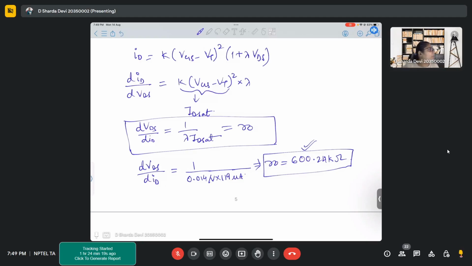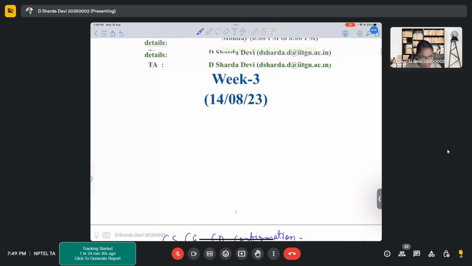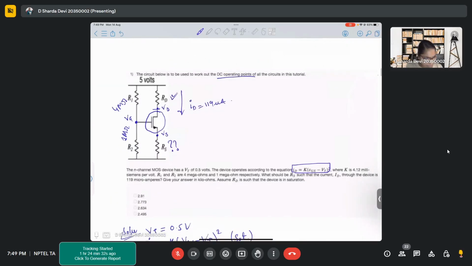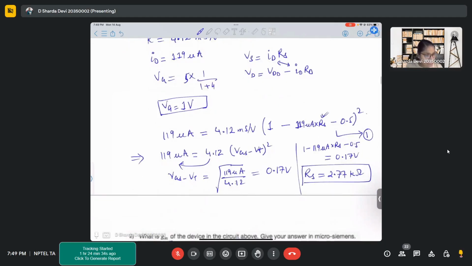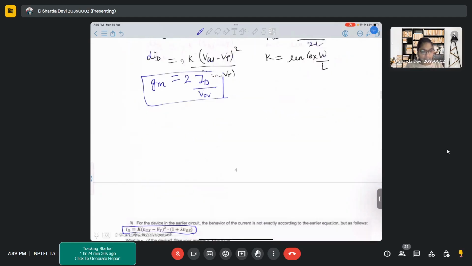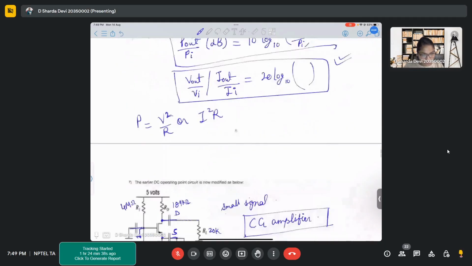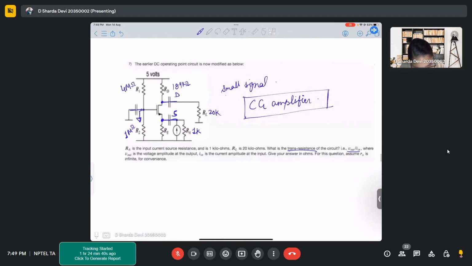In the first problem, RS was given? No, ma'am, we have derived it. Oh yes, we derived it: 2.77 kilo ohms. So we'll use that. RS is 2.77K. So we know all the resistances. Now we only need to find V out by IN.